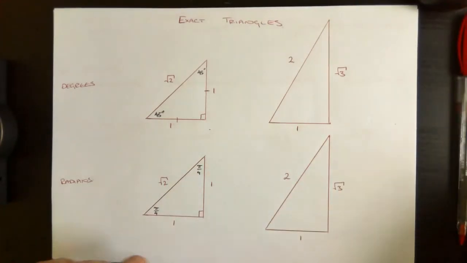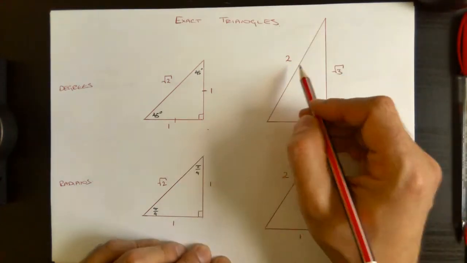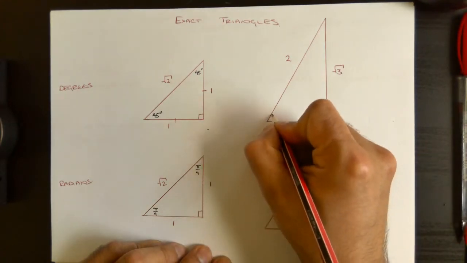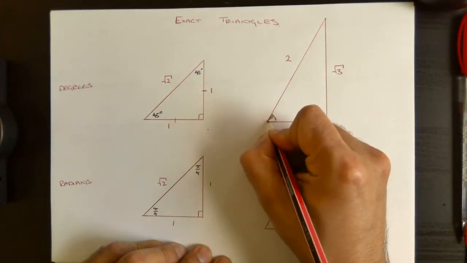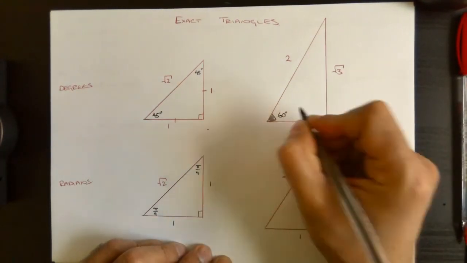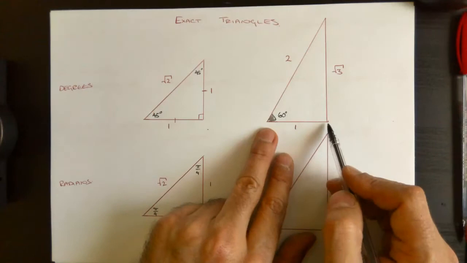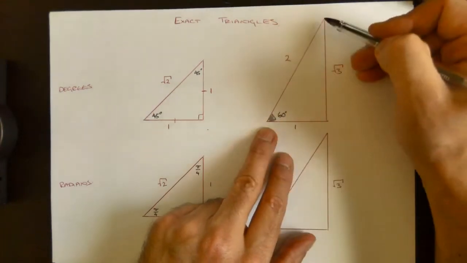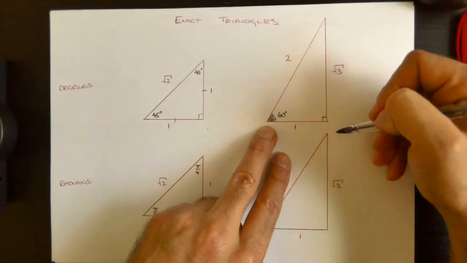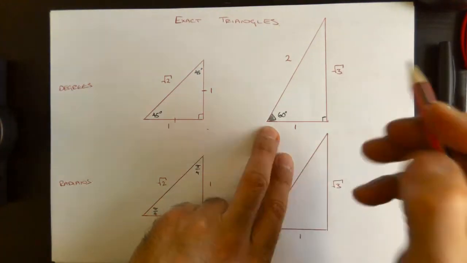Now, say that I have an equilateral triangle. It's not a great scale, but I had an equilateral triangle where all the sides were 2 units. Equilateral triangles have base angles of 60. So if I was to cut it in half, I would have still the hypotenuse being 2, but because I've cut the triangle in half, that means that this angle up here is only 30.